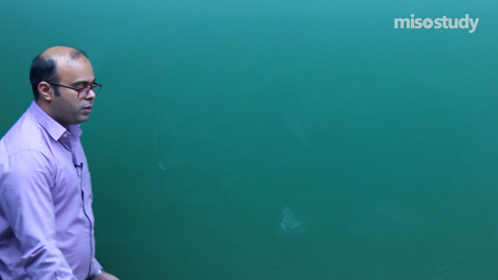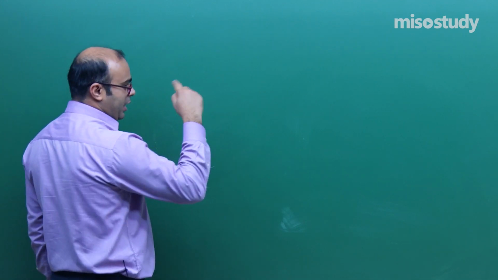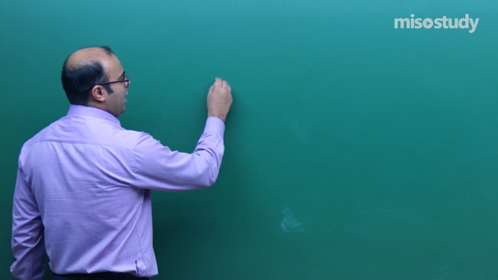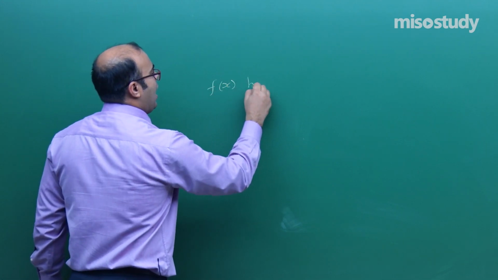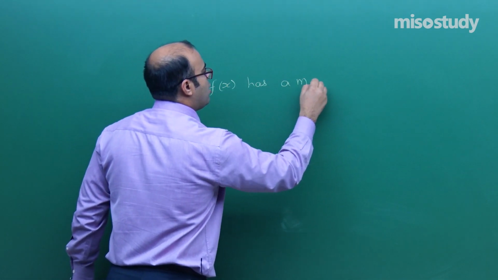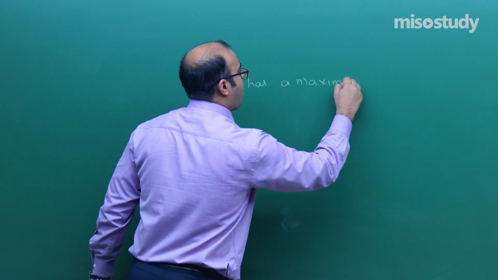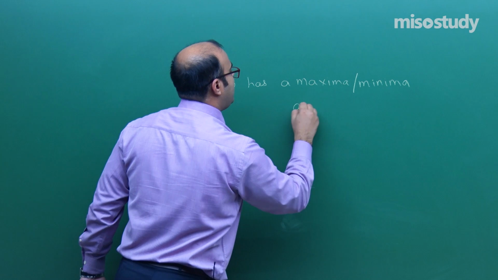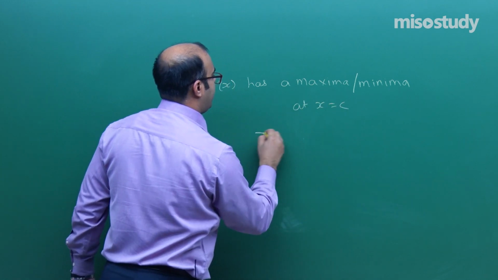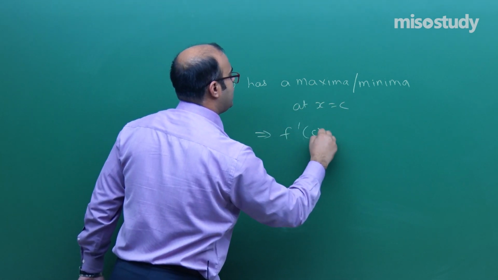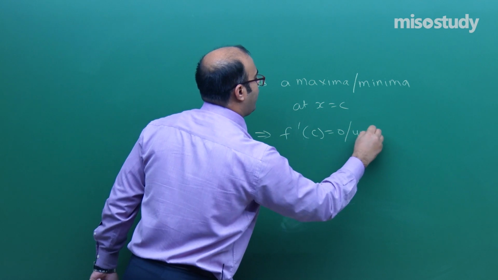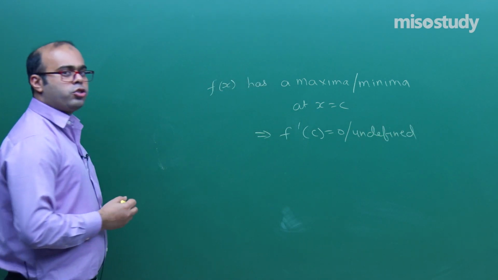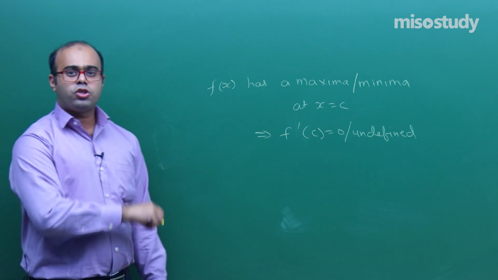One thing that I will tell you right now is that, as we have studied, if a function f(x) has a maxima or minima at x is equal to c, then the derivative of the function at c is either 0 or undefined. Now, the question arises, is its converse also true?